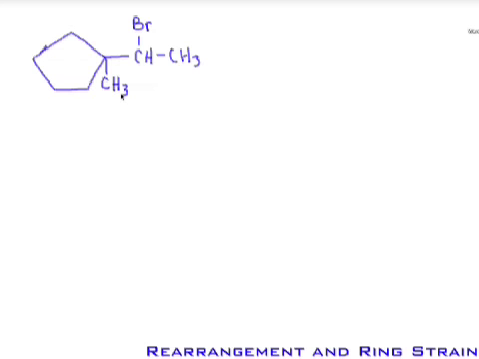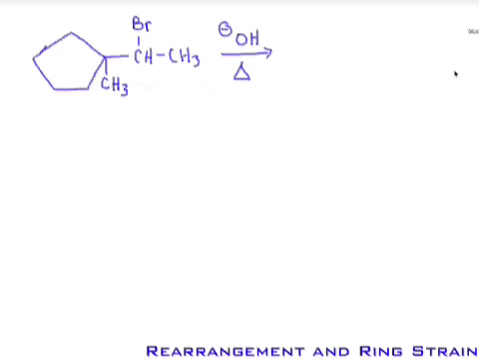So I hit this with a powerful base, apply heat. What's going to happen? Well, if I apply heat in this case, strong base favors E2. I have to look for anti hydrogens.